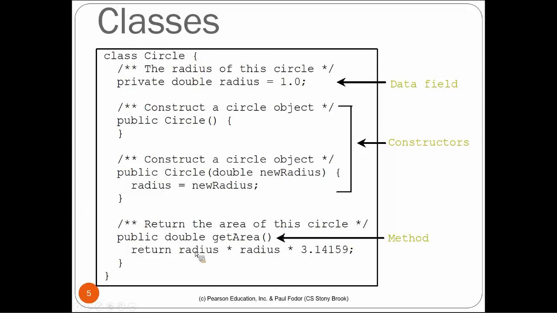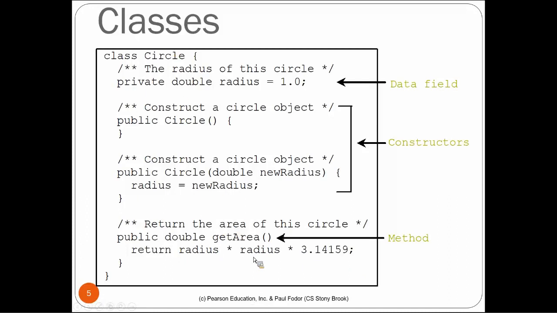Now we have a method getArea, which returns, you see it takes no parameters because it's not a static method. Now finally we have the methods that are non-static. These are methods that are linked only to objects. So when we will have an object of the type circle, that object has a radius, and we can compute the area of the current circle.